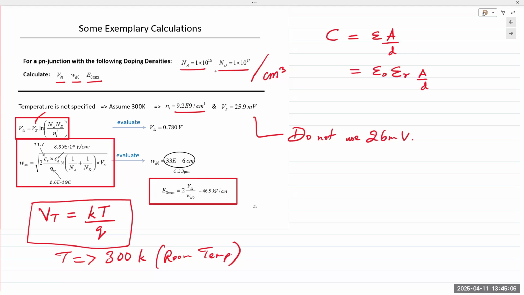So in this case, the Greek letter epsilon is referring to permittivity. And that permittivity has to do with the insulating material that is used. Okay, so it's a material property. Epsilon 0 is the permittivity of free space or vacuum. So that's a constant that is given here.